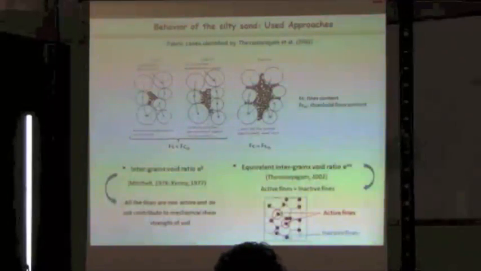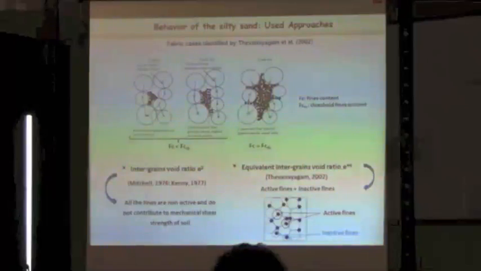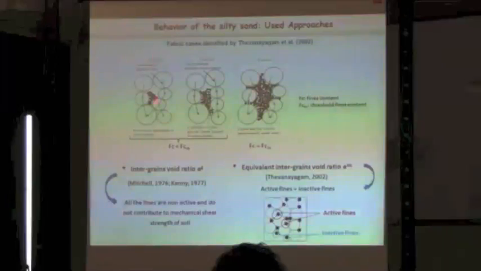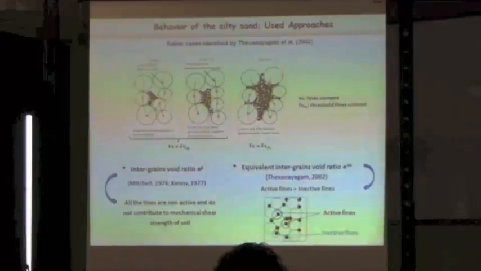So other density parameters were introduced, such as the intergranular void ratio by Mitchell, who considered that all the fines are non-active and do not contribute to the mechanical shear strength of the soil. This is related to case 1. We also have a second parameter, the equivalent intergranular void ratio introduced by Thevanayagam, in which we consider active fines and inactive fines.